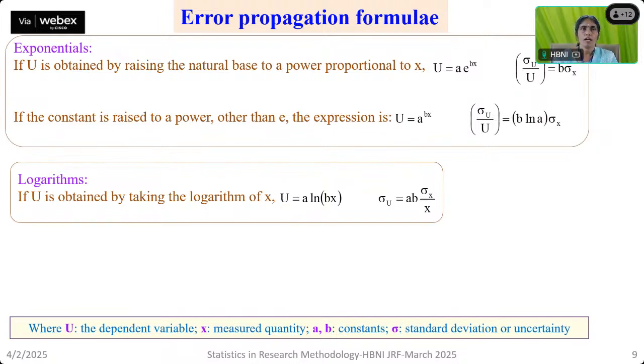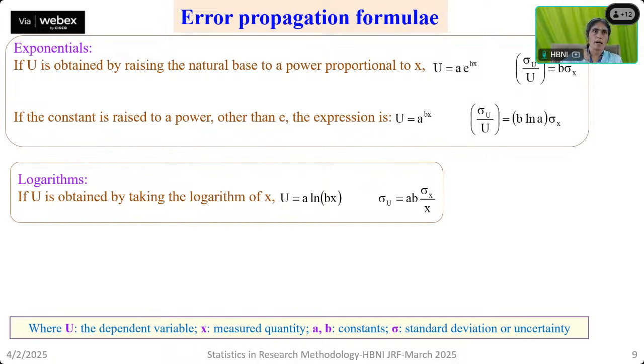So when you are doing combined operations in a particular set of measurements, you have to follow systematically, stepwise, one by one. If you follow the rules properly, then you will smoothly land up in the final standard uncertainty.